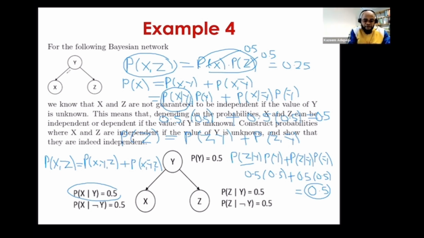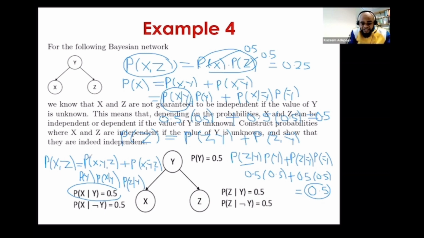According to the network, if I want to write this, I'm going to start with the probability of y. The next thing, according to the network, is the probability of x given y. Then what can I see again? The probability of z given y.